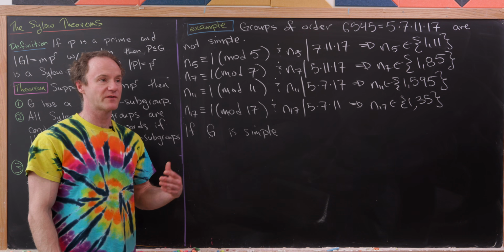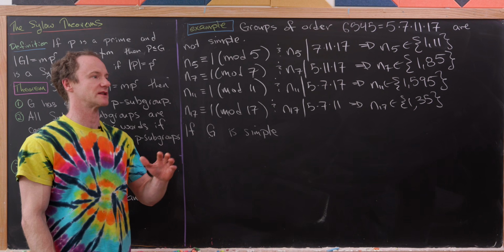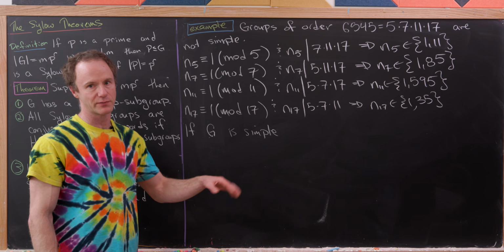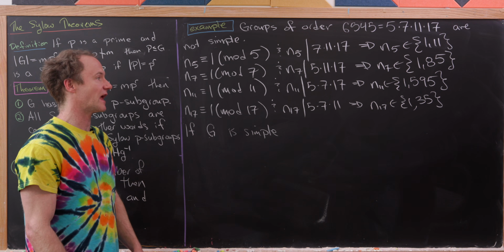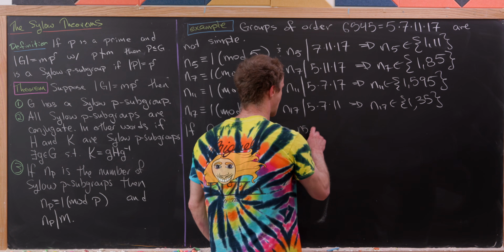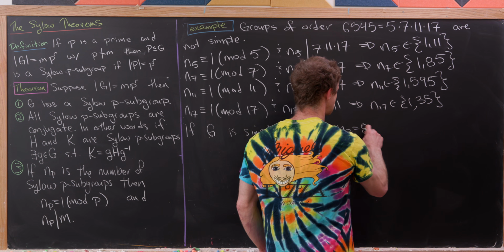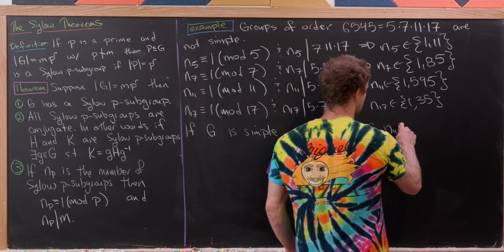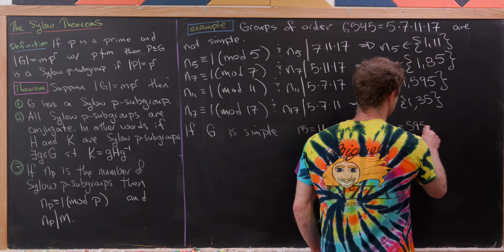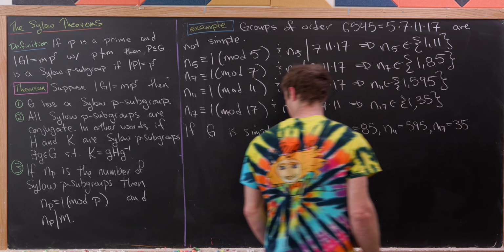Because let's recall that if we've got a unique Sylow subgroup of a certain order, that's necessarily normal. So if it's simple, then we won't have a unique one of any of these orders. Okay. So if G is simple, then that means that N5 is equal to 11, N7 is 85, N11 is going to be 595, and then finally N17 will be 35.